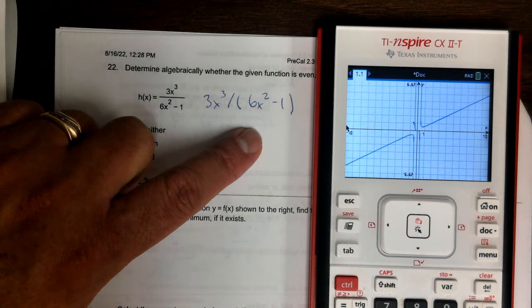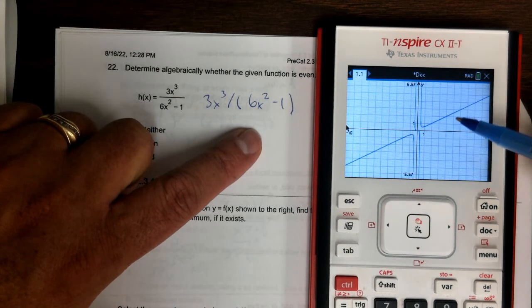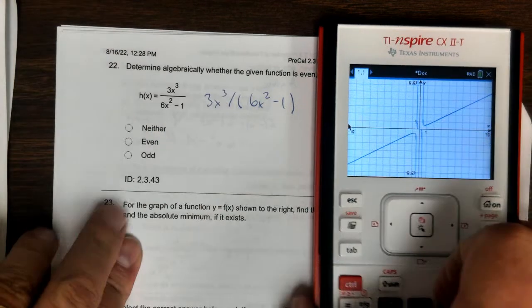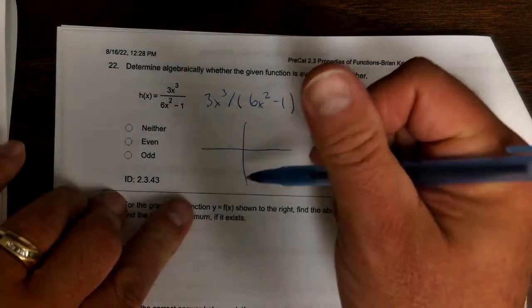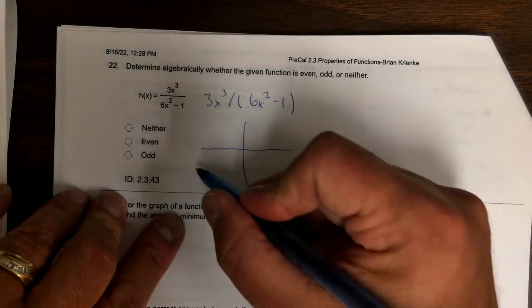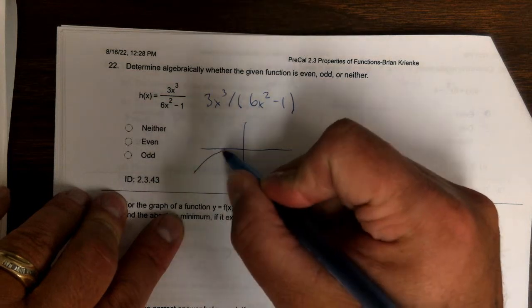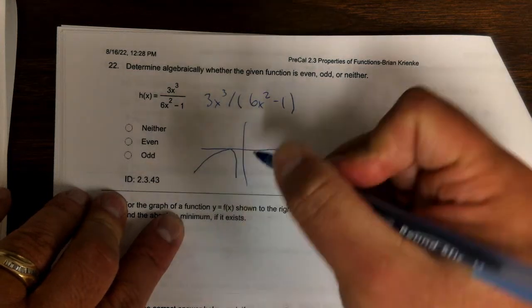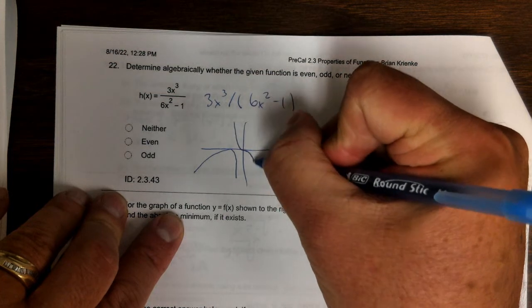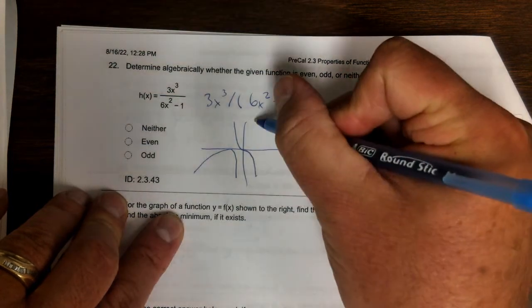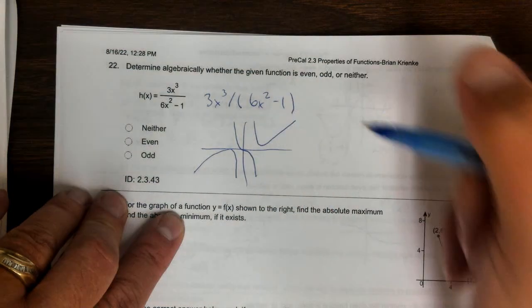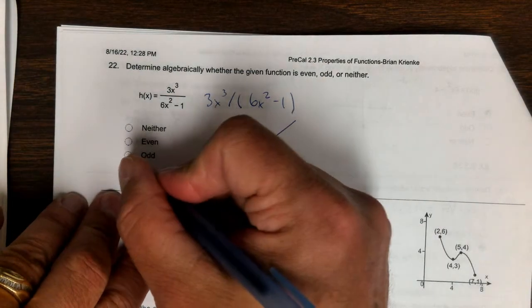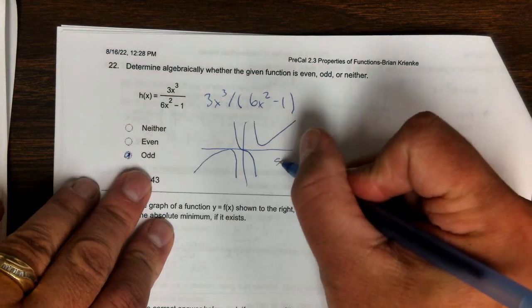Okay, so this is pretty weird, but it does look like it matches in both diagonal quadrants. I'll try that on for size. It's going like this, and then coming down, and then it's doing this number, and then it's doing this number, and then up. So that's odd because it's symmetric to the origin.